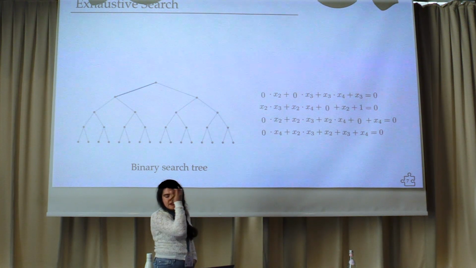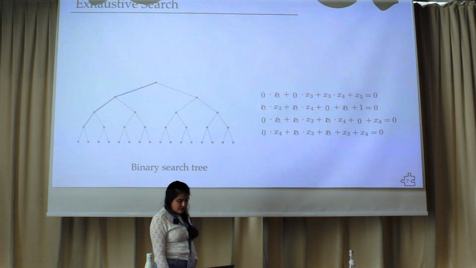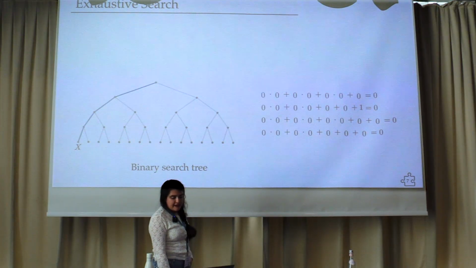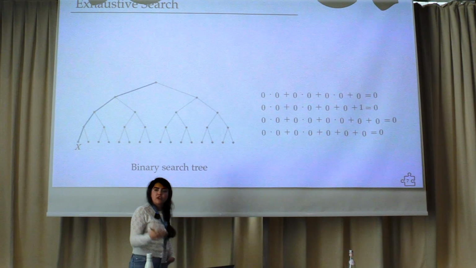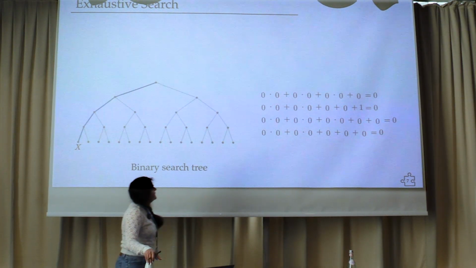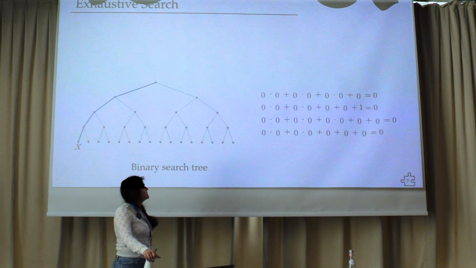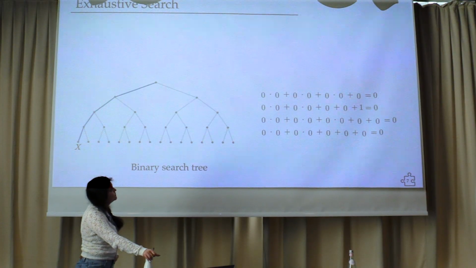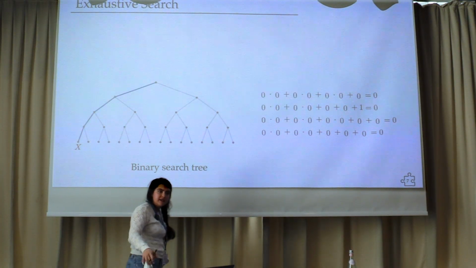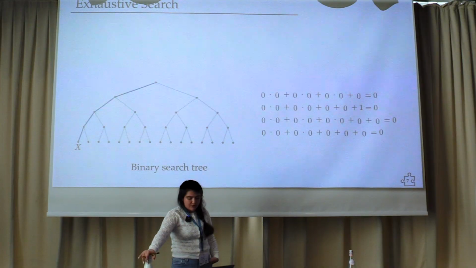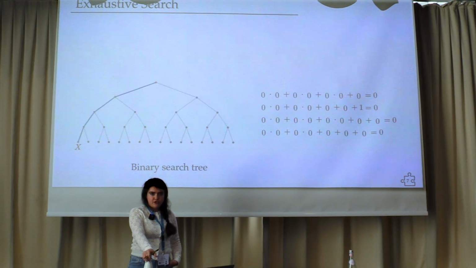Well, I don't look at the equations yet because we're going to enumerate everything. So first you set everything to 0, and then you check your equations and see whether this is a solution or not. Because of the second equation, it doesn't hold. You're getting 1 equals 0, so you have an inconsistency. So you know that 0, 0, 0, 0 is not a solution to your system.